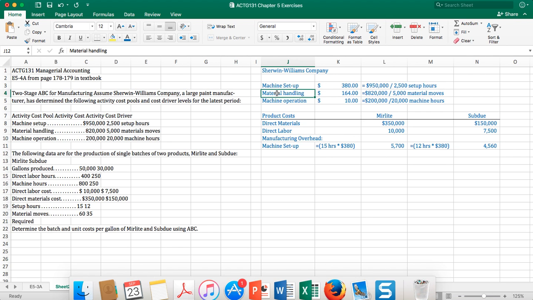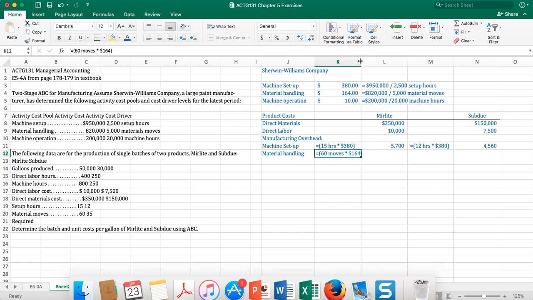The next one is material handling. That can be gathered from material handling. Oh, here it is. 60 for Merlite and 35 for Subdue. So this is 60 moves multiplied by the $164.